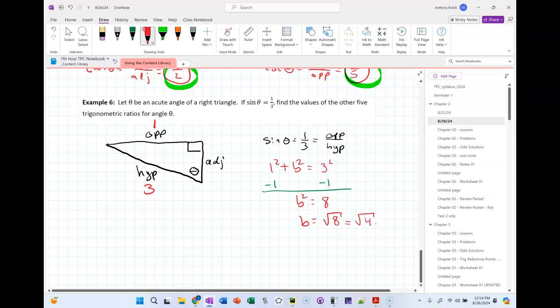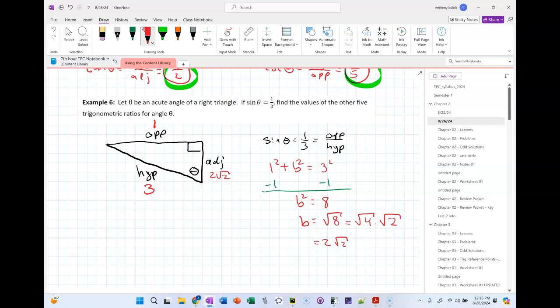So for example, I know that 8 is 4 times 2. So the square root of 8 can be the square root of 4 times the square root of 2. And I know the square root of 4 is just 2. So I can do that. Everybody happy with how I've done that?